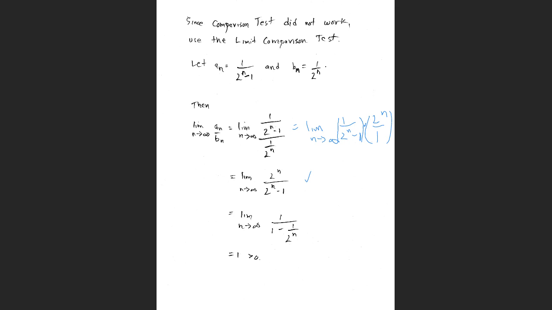Now what I can do here is multiply the top and bottom by 1 divided by 2 to the nth power, which is just 1, right?